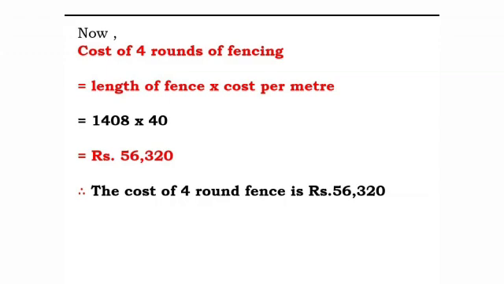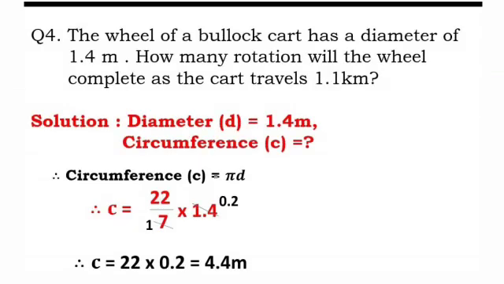The fourth sum. The wheel of a bullock cart has a diameter of 1.4 meter. How many rotations will the wheel complete as the cart travels 1.1 kilometer? Now here children, the diameter of the wheel is given as 1.4 meter, and first you are going to find out the circumference of the wheel.